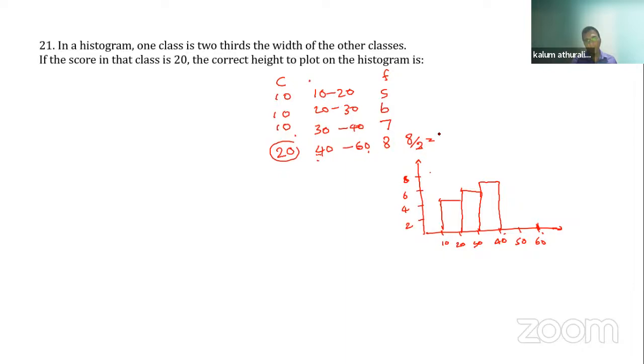Then it is 4 times another one. The area should be equal to frequency, so make area equal to frequency. The class width is different now. Again, we take actual frequency divided by current. Actual frequency is 20.